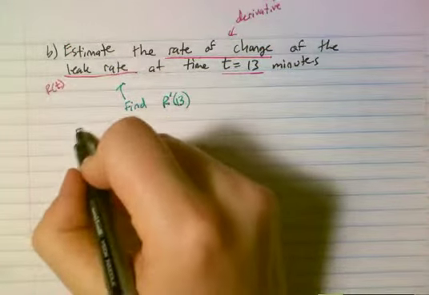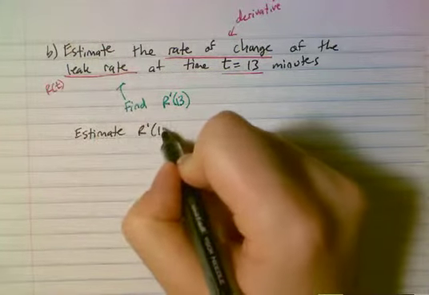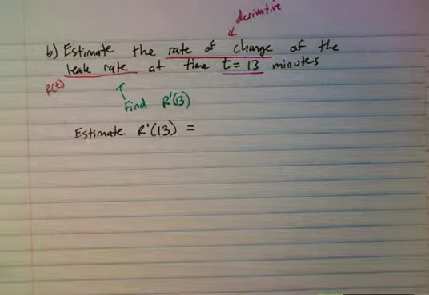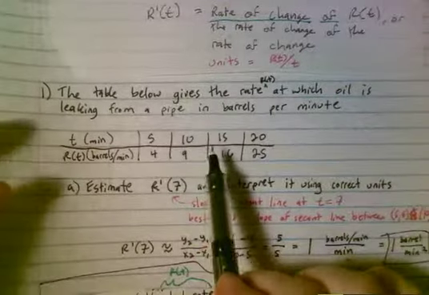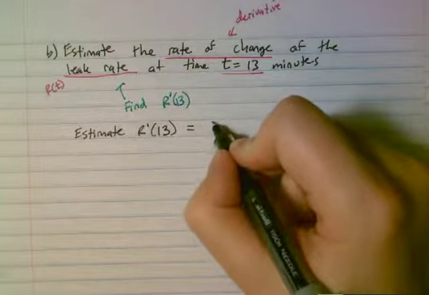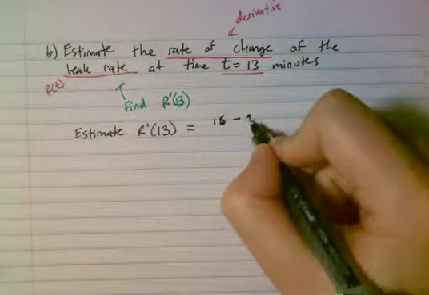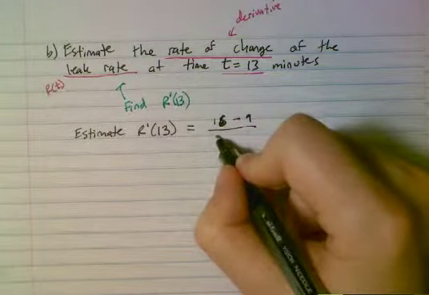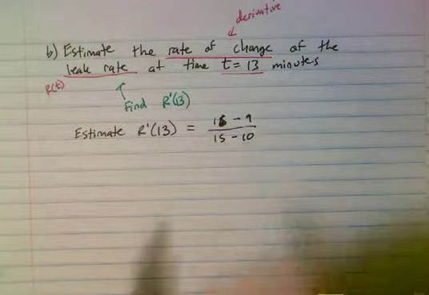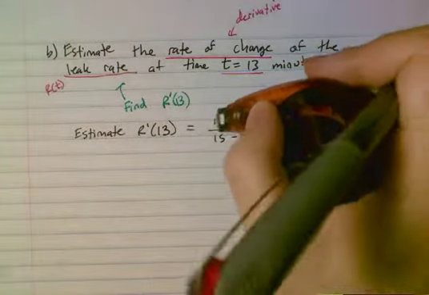So estimate R prime of 13, and again, just like the previous problem, we don't have any actual data for 13, so we're going to use the secant line between two nearby points. So let's see, y2 is 16, y1 is 9, x2 is 15, and x1 is 10, and I'll just notate where that came from. This is a 16.